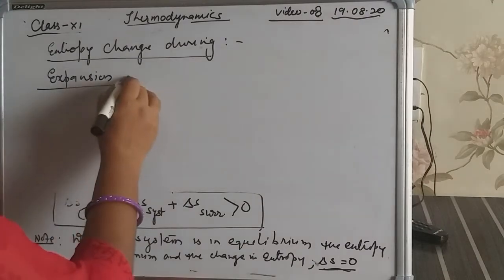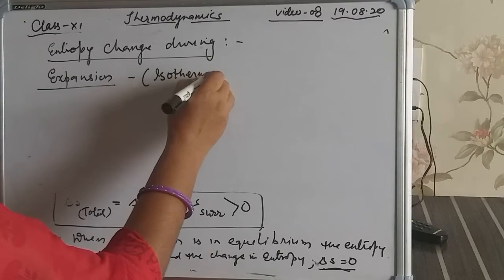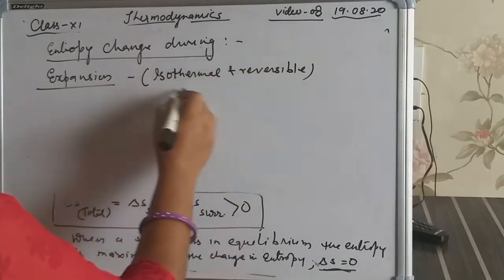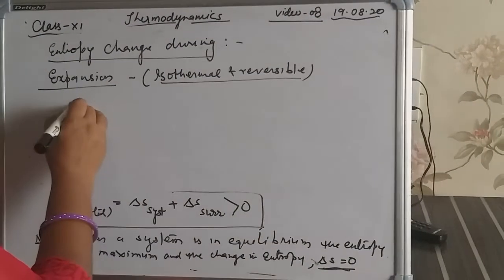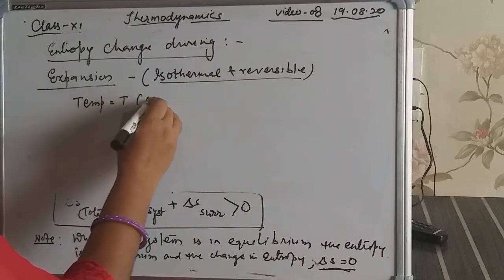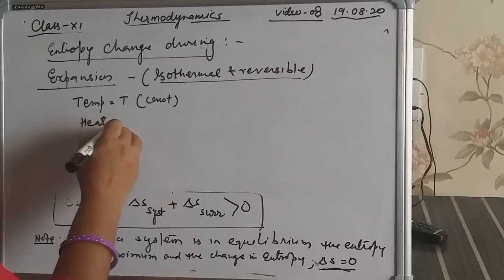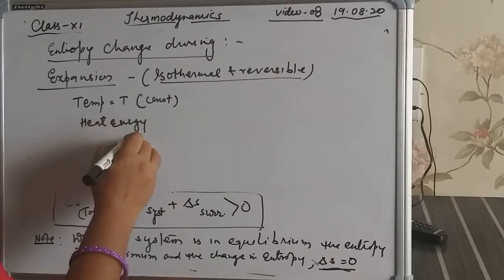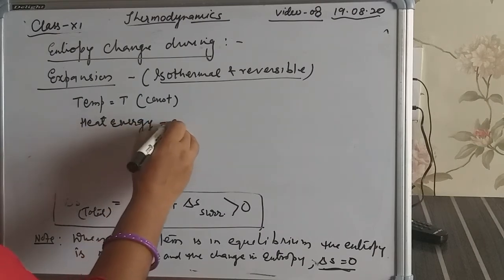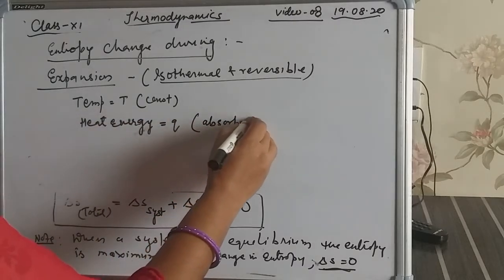In case of expansion, the system is isothermal and reversible, meaning temperature T is constant and heat energy Q is absorbed.